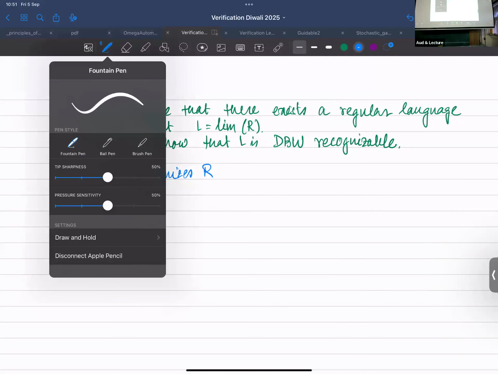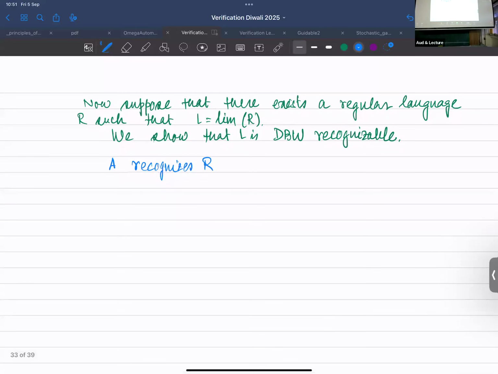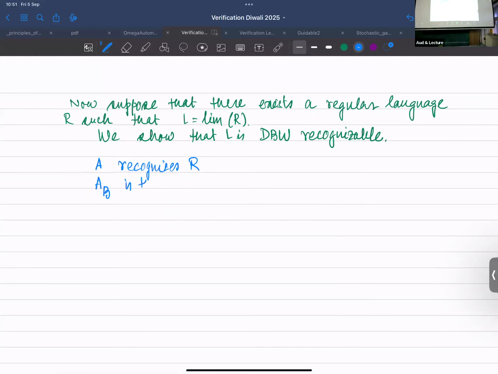So it's over finite words, right? Now I consider, as you were saying, the word A, just looking at it as a DBW. A_B is the DBW corresponding to A. I just look at that automaton A and consider it as a DBW.